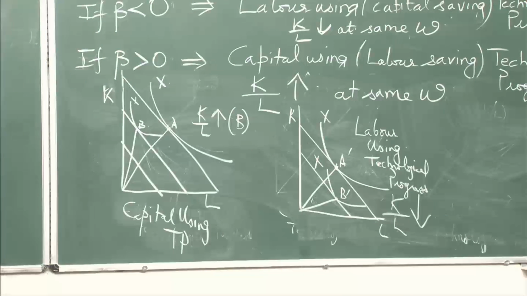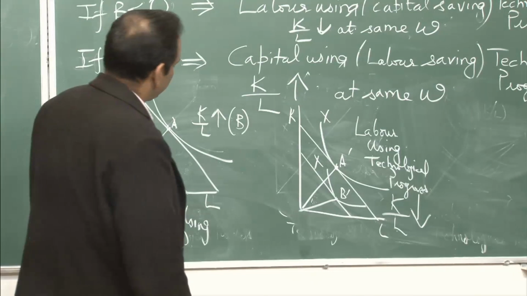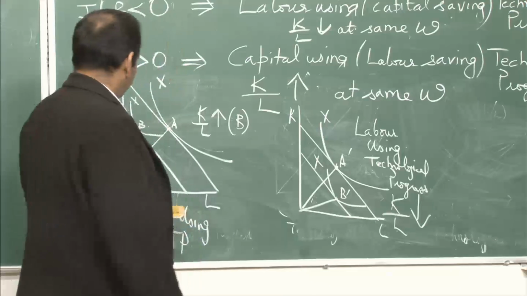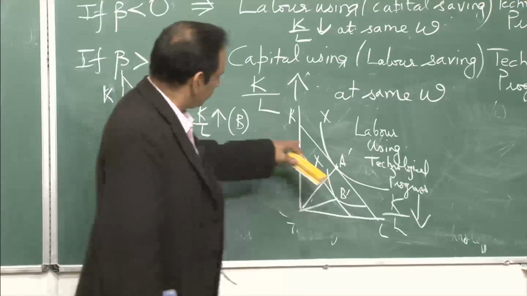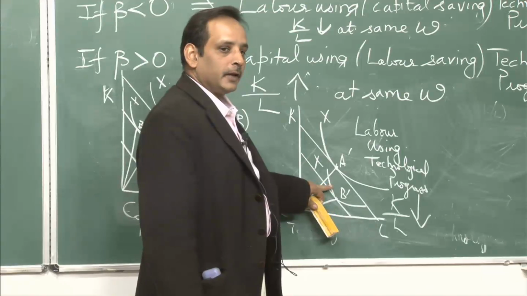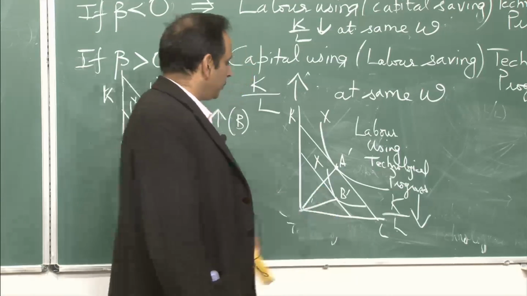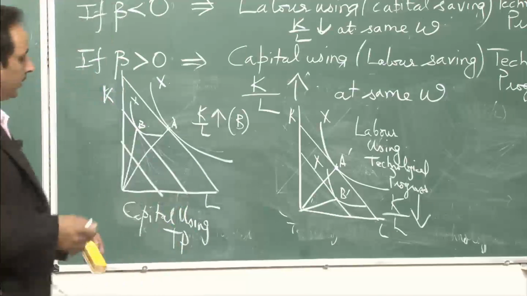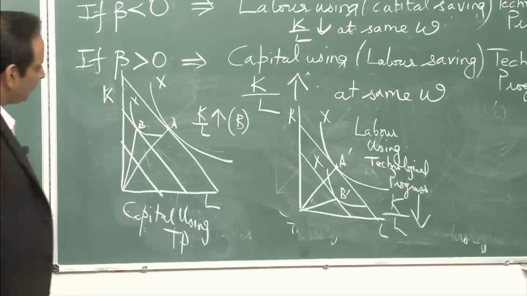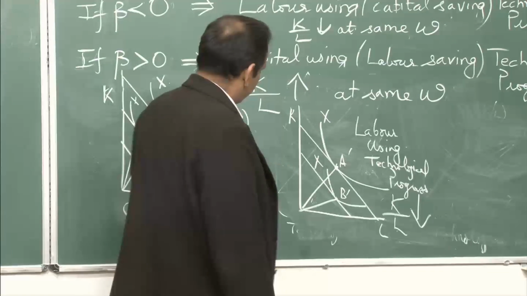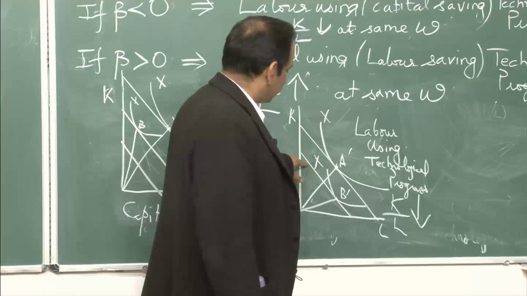Labor using means a labor deepening process, more labor is used, so the K by L ratio goes down. What is to be noticed is that this W by R ratio remains the same. In the earlier diagram we had assumed K by L to be the same. Here we are assuming that omega, the W by R ratio, remains the same.